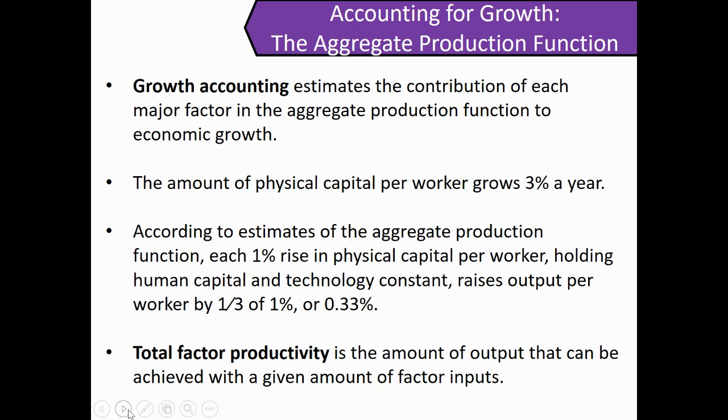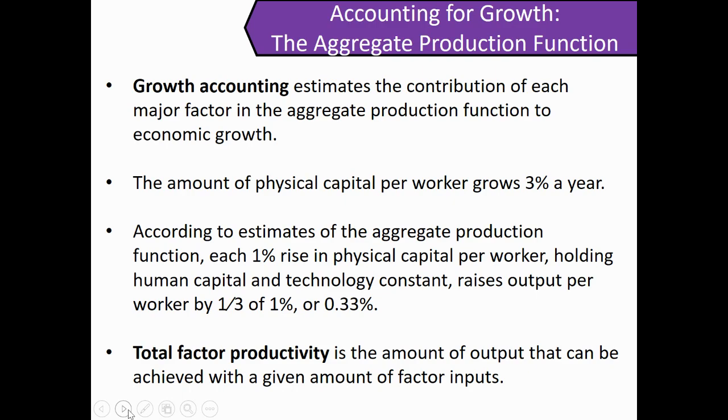When other important factors like human capital and technology increase, the aggregate production function shifts upward. This tells us that for any given level of physical capital per worker, total production has increased. So economists try to measure higher total factor productivity, meaning the amount of output that can be produced with a given amount of factor inputs.